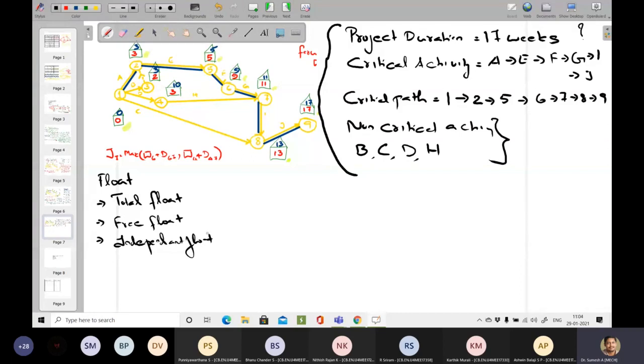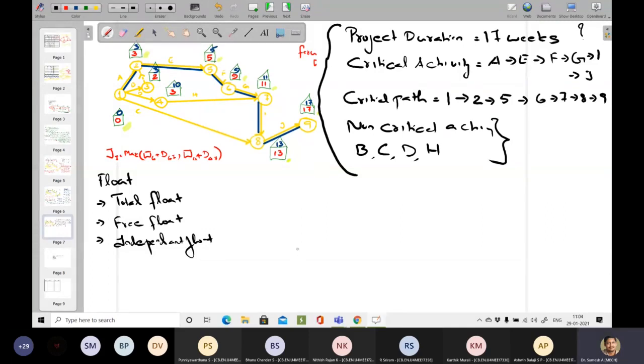So we have used the triangles and rectangle values for calculating all the activities. So I will use the same terminology to differentiate the floats also.